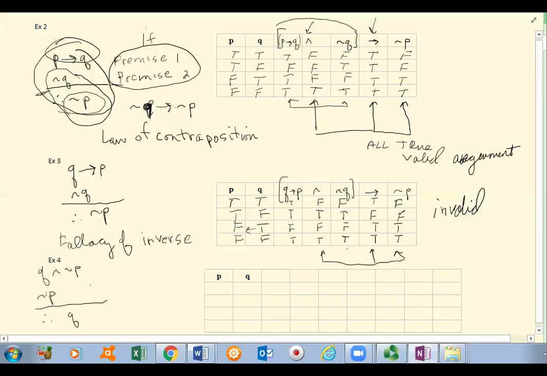Well, hard to say at first. This is not one of our special forms. So, let's see what happens.